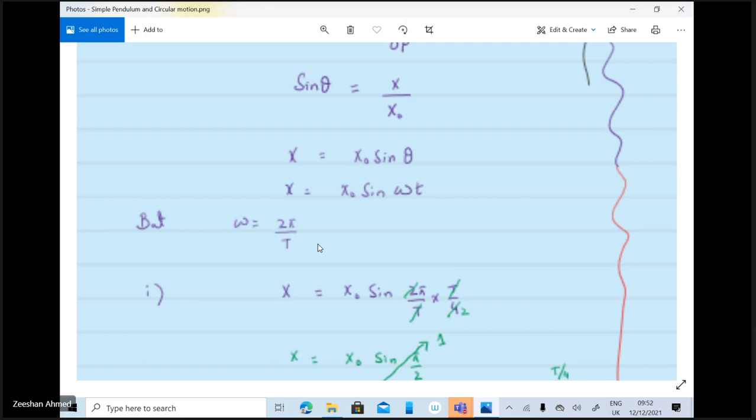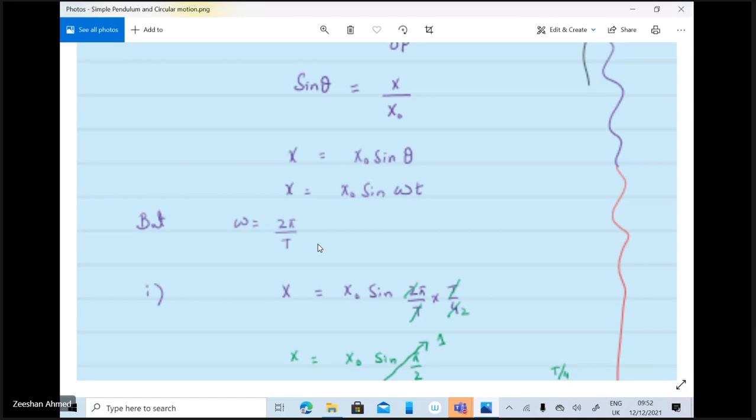Now let me draw the diagram. t equals 0. What was my final result at t equals t by 4?